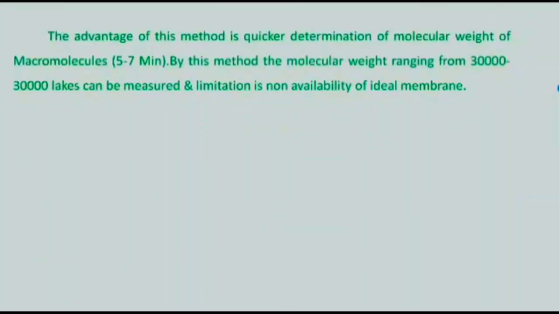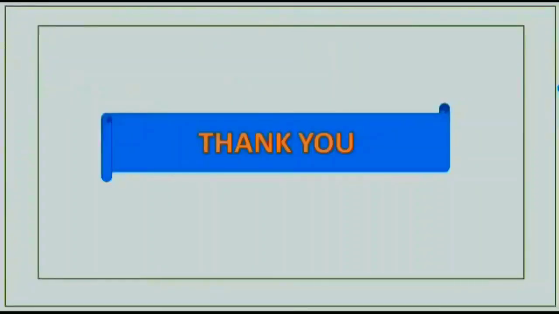The advantage of this method is quicker determination of molecular weight of macromolecule, that is within 5 to 7 minutes. By this method, the molecular weight ranging from 30,000 to 30,000 lakhs can be measured, and limitation is non-availability of ideal membrane. Thank you for watching this video.